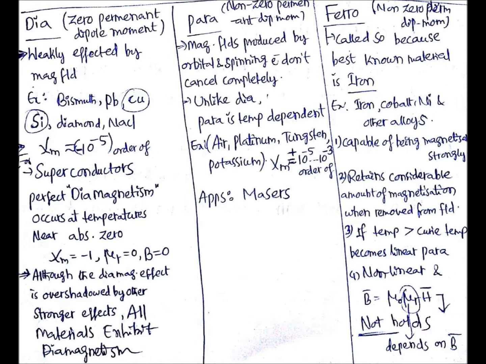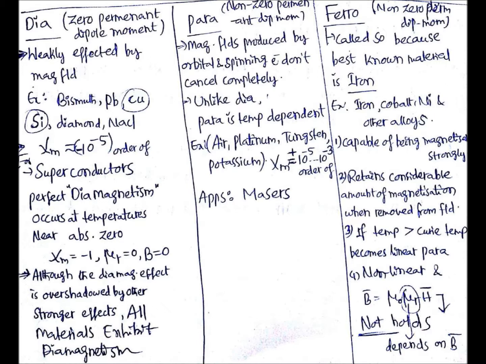Although the diamagnetic effect is overshadowed by other stronger effects, all materials exhibit diamagnetism. So even though we have other stronger effects which may hide the diamagnetic effect in a particular material, almost all materials exhibit diamagnetism.